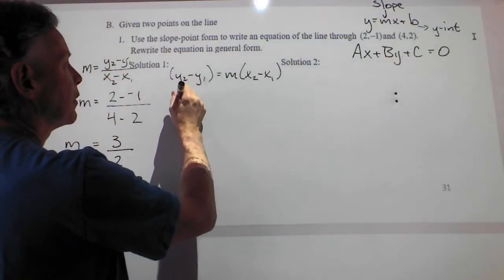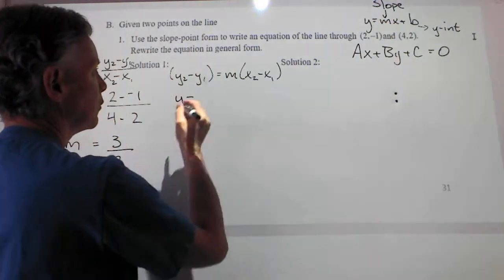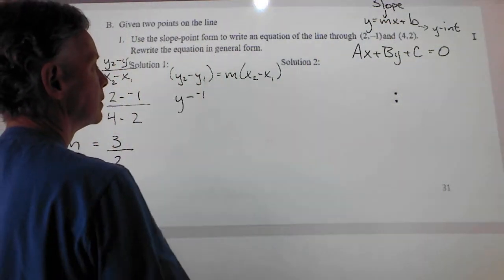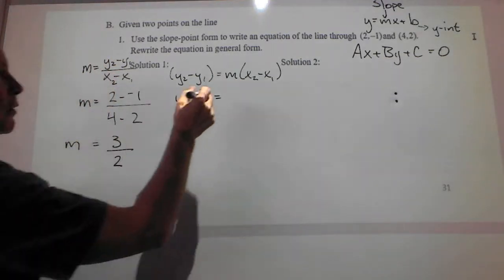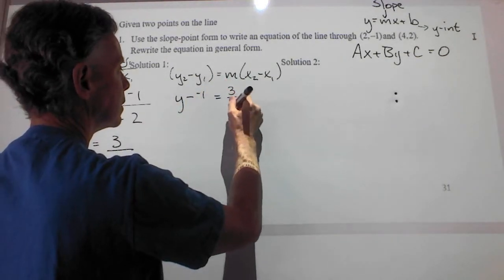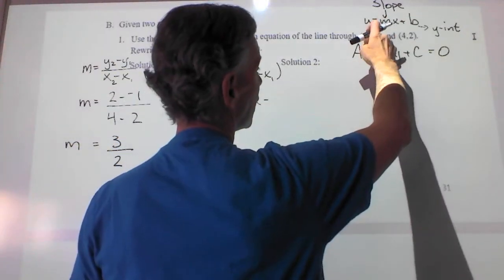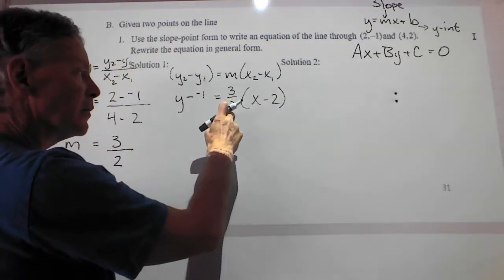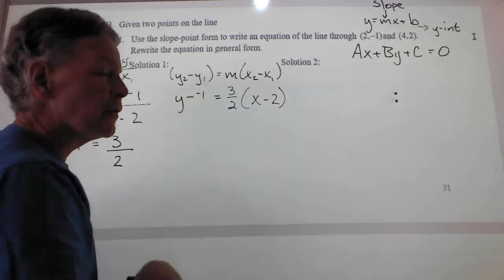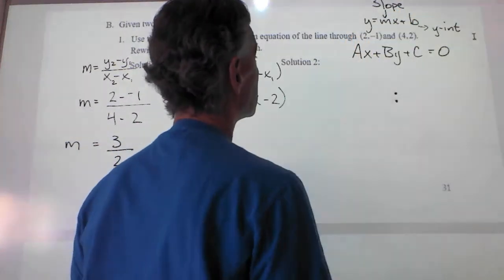So this becomes y minus our y value, which is -1, equals our slope, which we just found out is 3/2, times x minus our x1 value, which in this case is 2. So we plugged in the slope, and we plugged in the coordinates of either one of the points. It doesn't matter which of these we use.